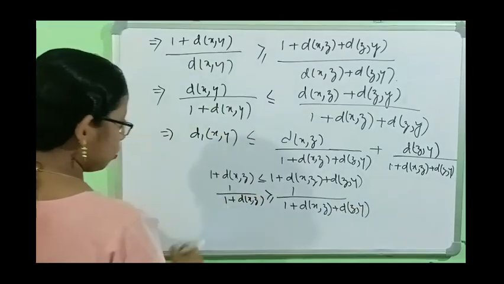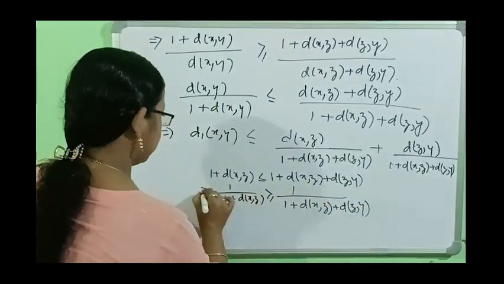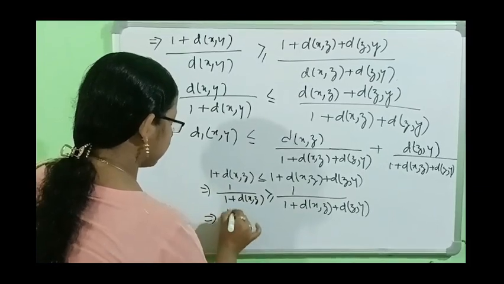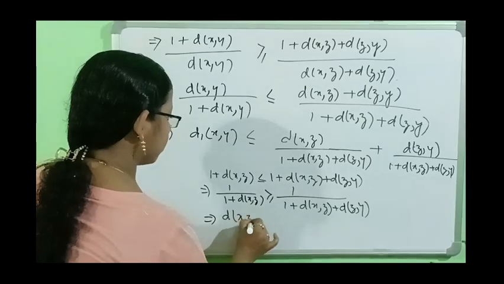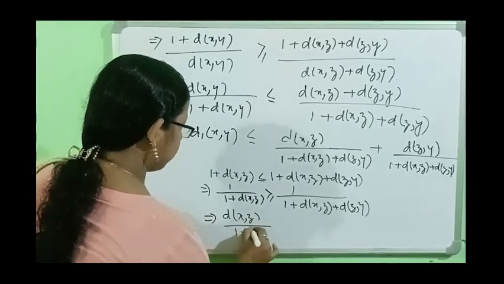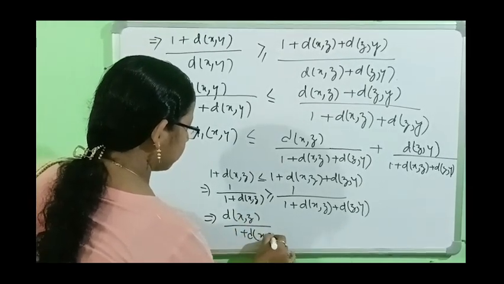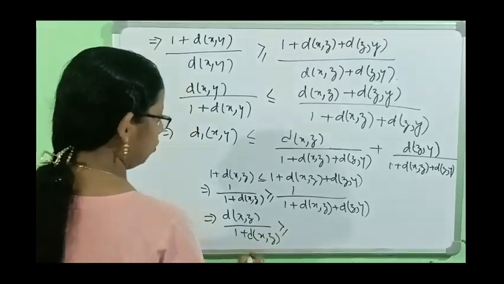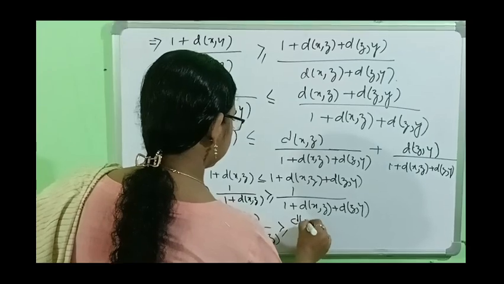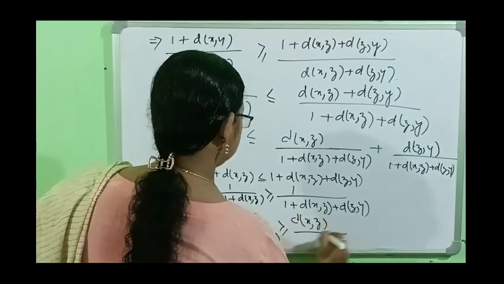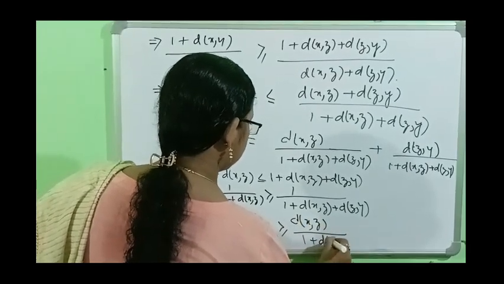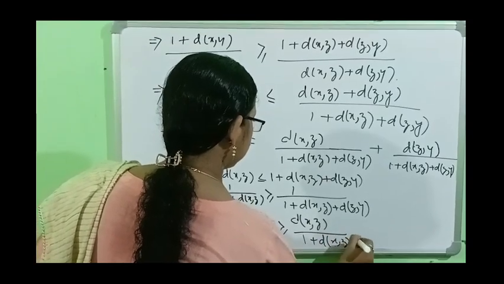So if I multiply both sides by d(x,z), I will get d(x,z) by 1 plus d(x,z) greater than or equal to d(x,z) divided by 1 plus d(x,z) plus d(z,y).